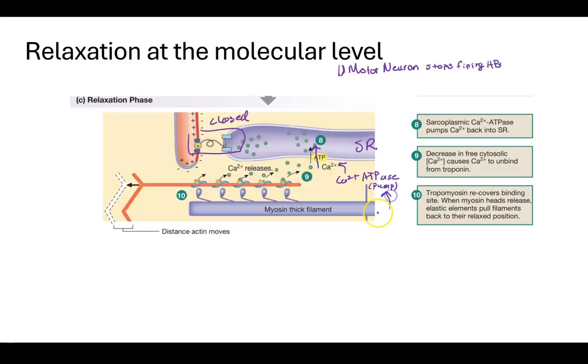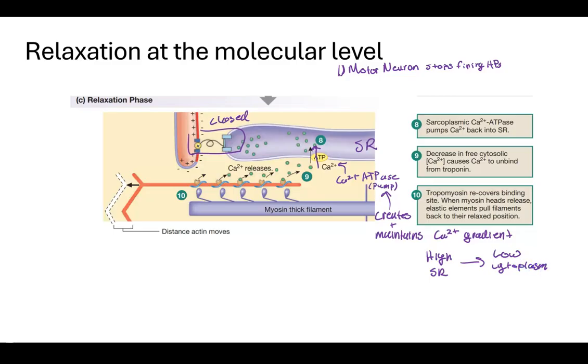So the calcium ATPase will move calcium from the cytoplasm back into the SR. So this is the protein that creates and maintains the calcium gradient, which is always high in the SR, low in the cytoplasm.